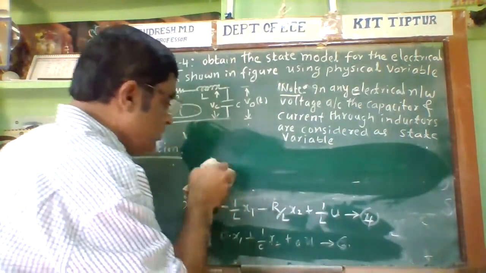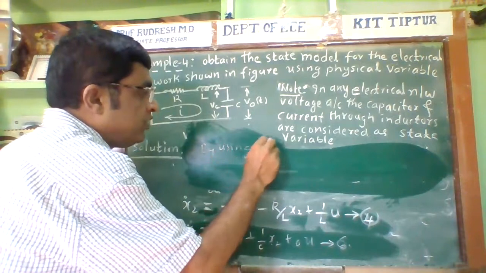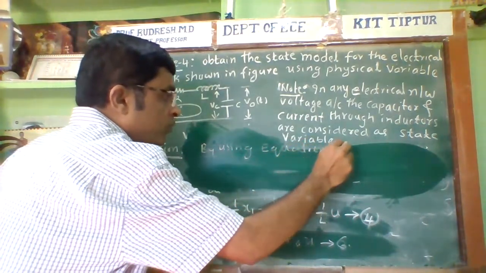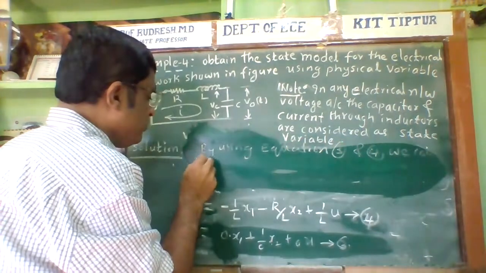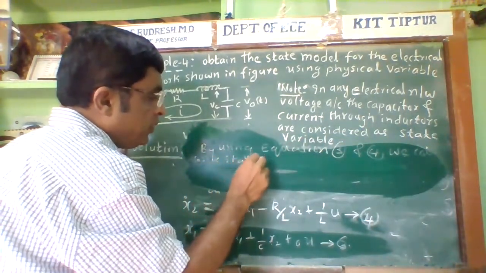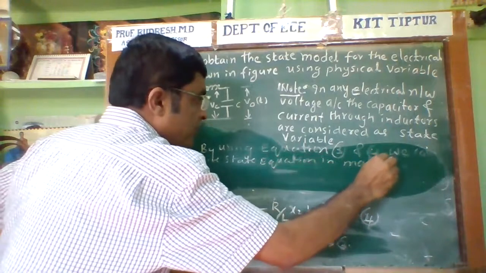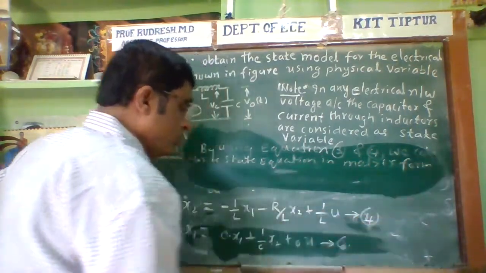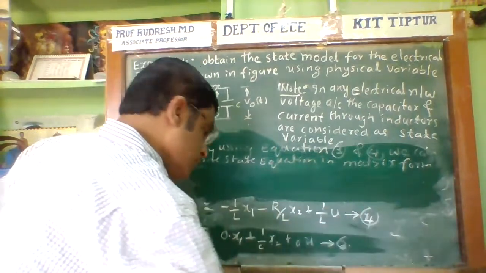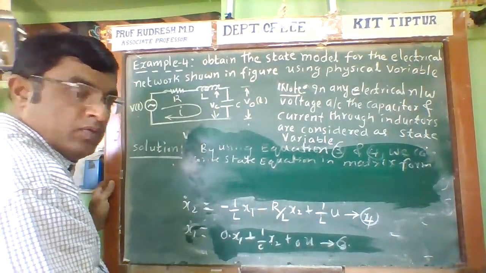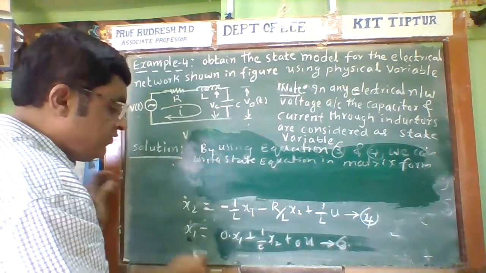By using equations 3 and 4, we can write the state equation in matrix form.